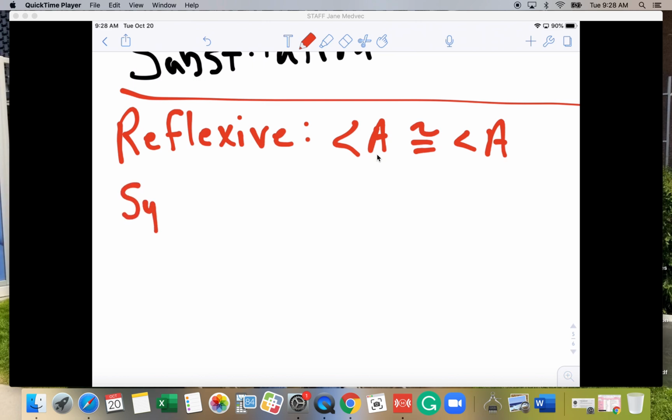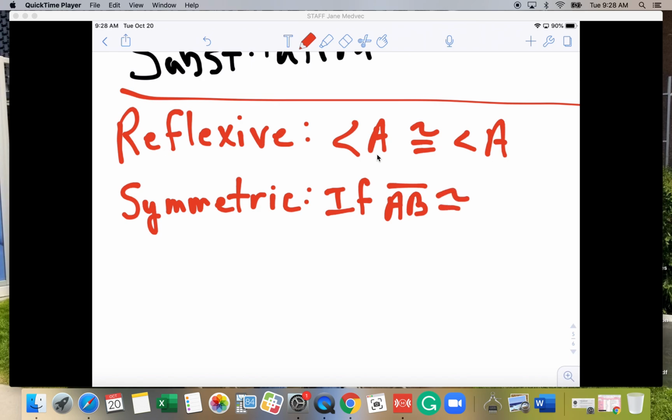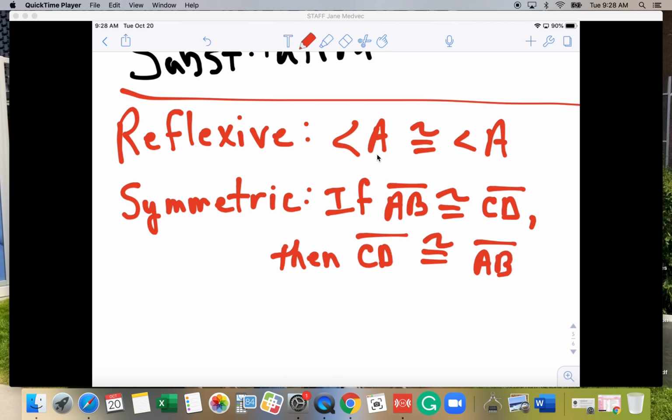Symmetric. An example of that would be if line segment AB is congruent to line segment CD, then line segment CD is congruent to line segment AB. They flip-flop.